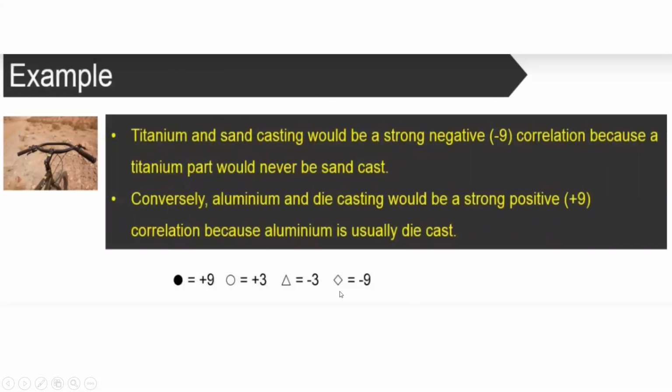Another example: titanium and sand casting would be strongly -9, because a titanium part would never be sand cast. Aluminum and die cast would be strong positive because this method is always used.